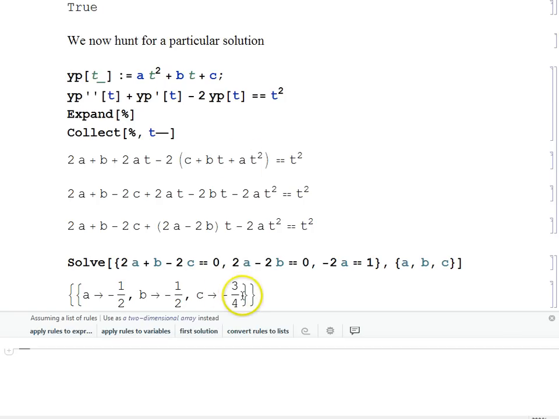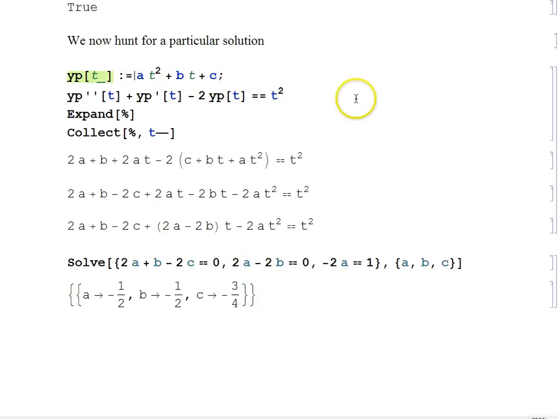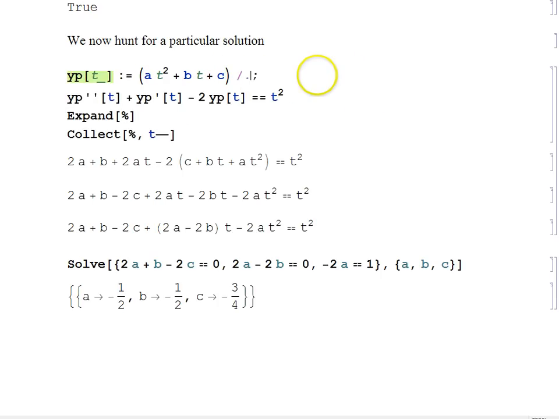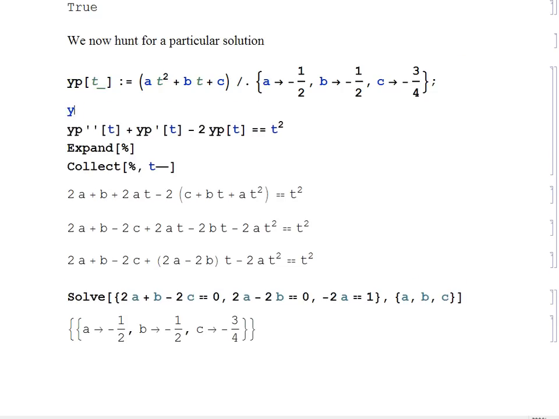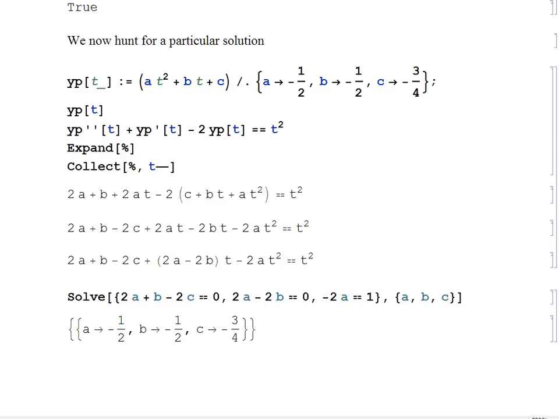So a way of checking that is just taking this right here, put it up here, right there, and we can actually just take a peek of what that yp of t is going to look like before we compute.